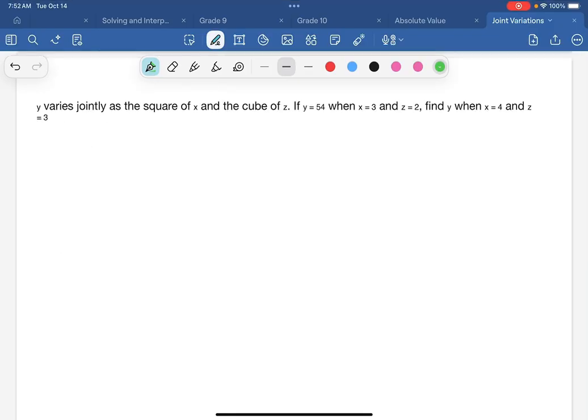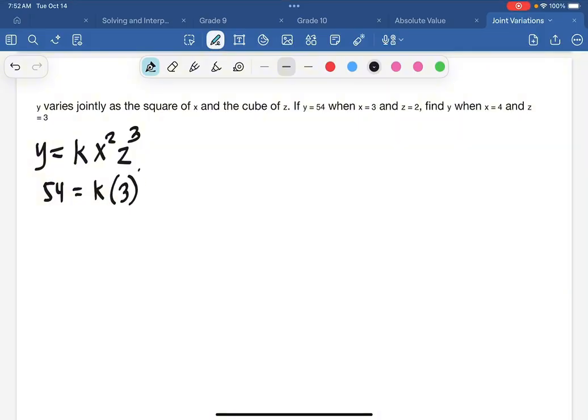Next, we have y varies jointly as the square of x and the cube of z. Similar to earlier, so y equals k and then the square of x, or x squared, and then the cube of z, or z cubed. Now here, if y is 54, x is 3.